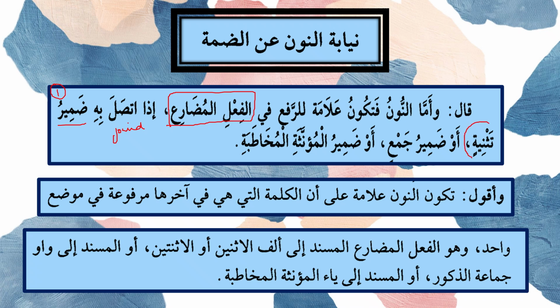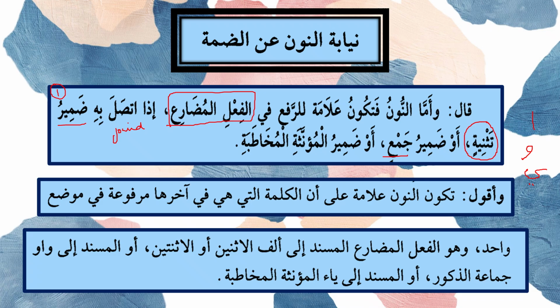So this damir tasniya means the alif of duality, which represents the duals. أو ضمير جمع. And what is this ضمير جمع? The واو الجمع. And أو ضمير مؤنث مخاطبة. What is this ضمير? The يا مخاطبة. Where do you find this يا مخاطبة? In the second person for the female singular.